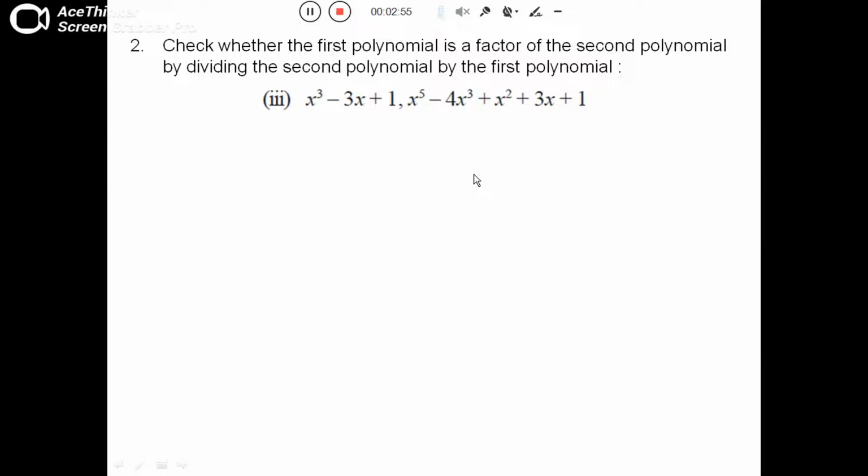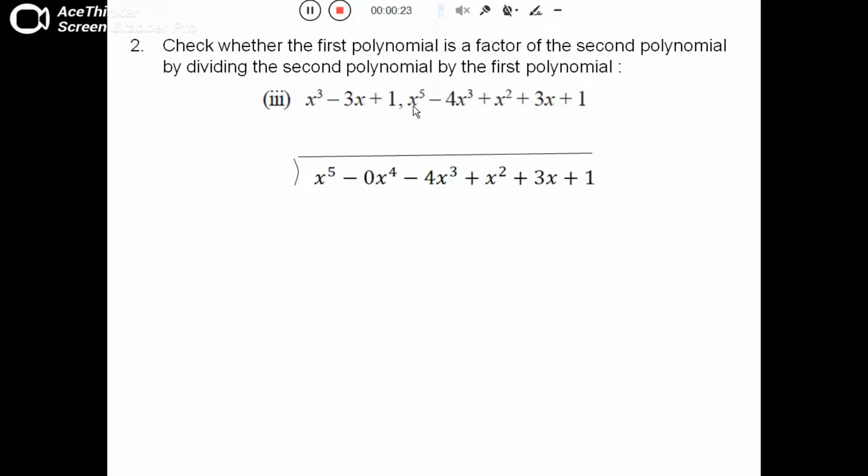In order to divide, as we discussed in the first question, in both the powers should be in descending order, keep it in mind. So let us write the dividend and divisor both.